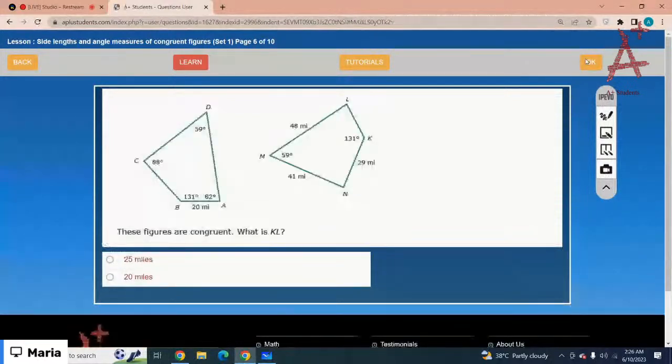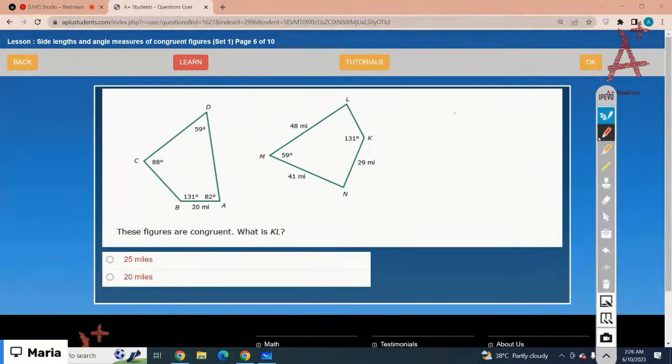Figures are congruent. What is KL? Okay, let's just write the congruence statement. Got it? Start from DCBA, which is congruent to MNKL.